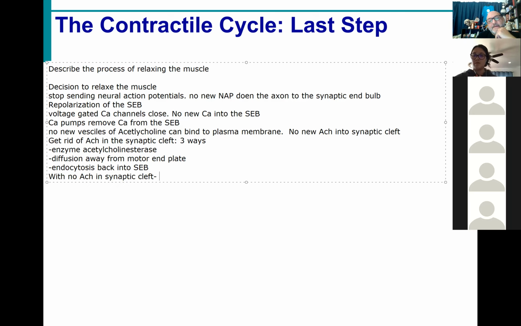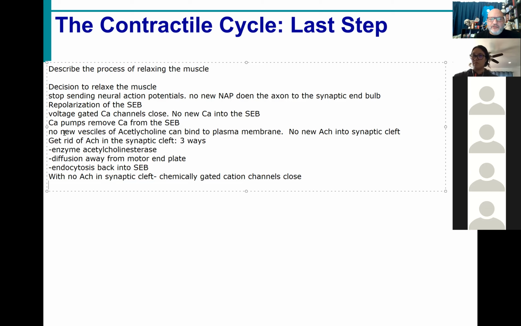What gates close? The chemical cation channels. Excellent. Our chemically gated cation channels close. With those closed, no new sodium into the cell, and of course, no new potassium leaves. But was it the leaving of the potassium that really caused the change?